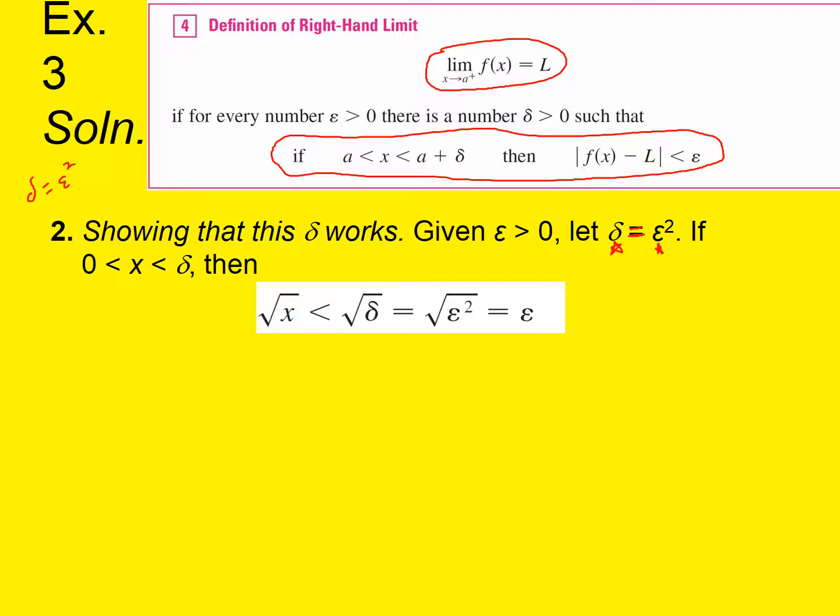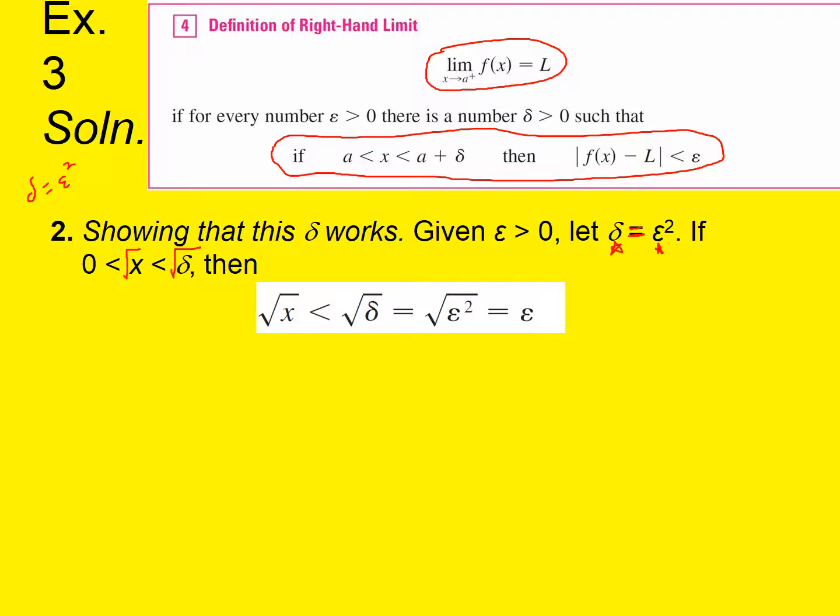So if positive x less than delta, then square root of x is less than the square root of delta. So take the square root of both sides.